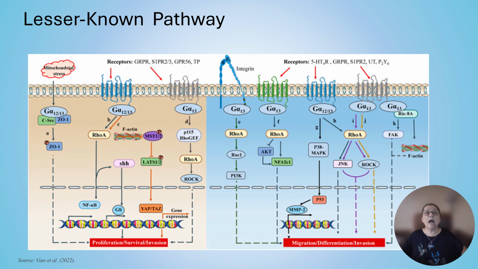Compared with the G alpha S, G alpha I, and G alpha Q pathways, G alpha subunit 12/13 signaling is discussed less often and is still an active area of research. However, advances in technology have increased scientific interest in this pathway because it may be involved in cancer-related or oncogenic responses.